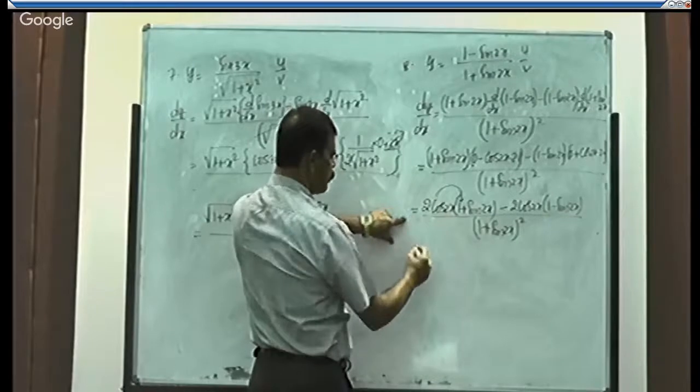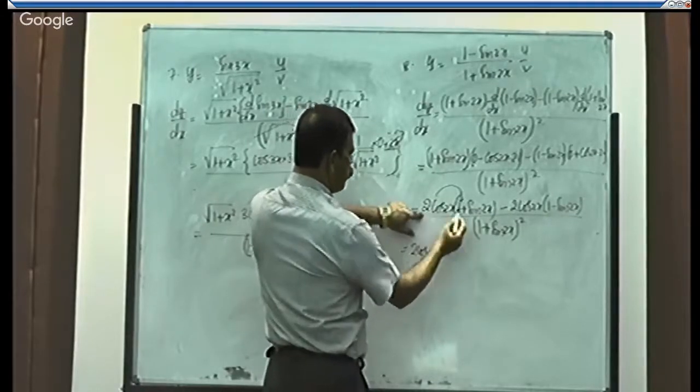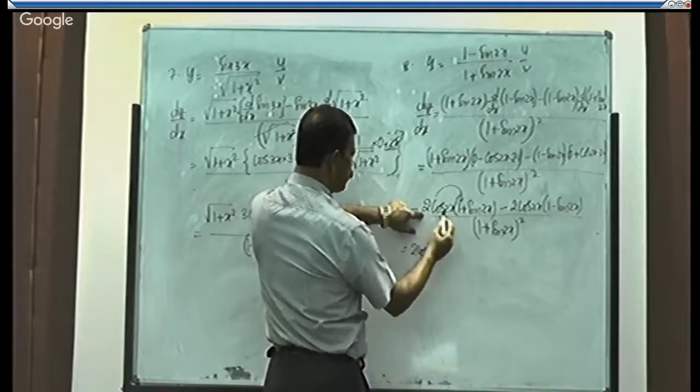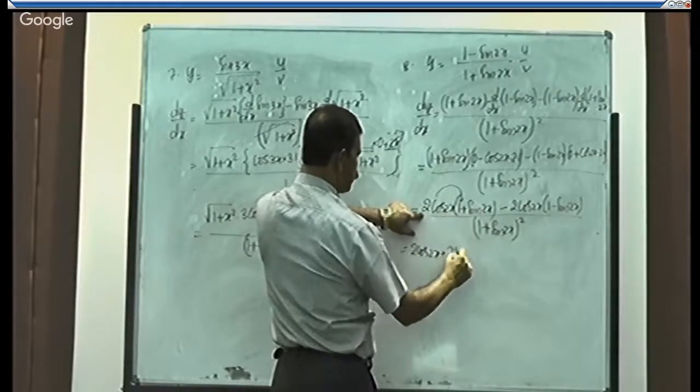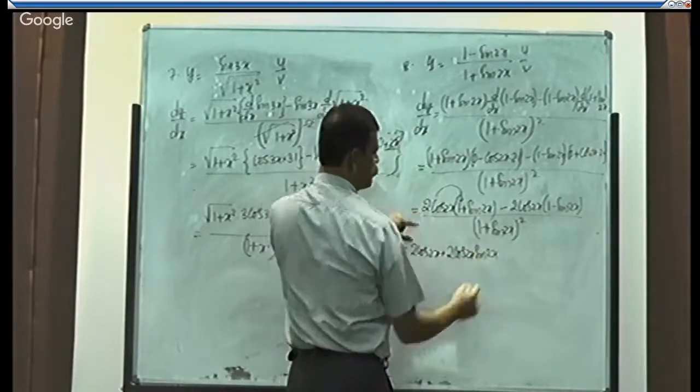1 into cos 2x, it is 2 cos 2x. Plus into plus, plus 2 cos 2x into sin 2x.